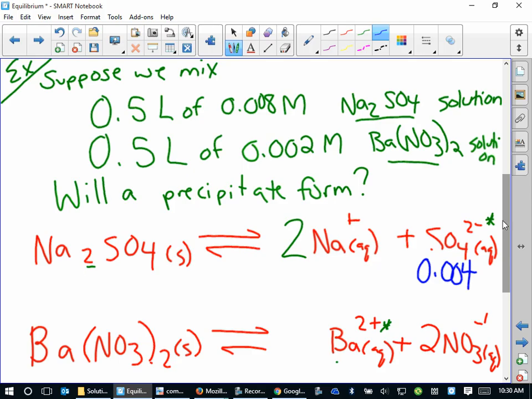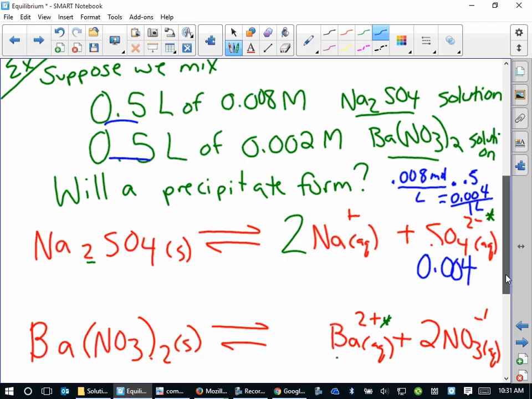0.004. Okay, another way I think I showed this before is I said, well, we have 0.008 moles per liter times, we only had half a liter of it, so when we multiply that, we got 0.004 moles, and then we had a total of 1 liter because it was half a liter plus a half a liter, and that gave us our 0.004.